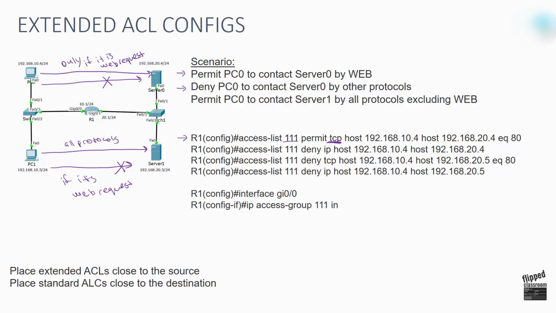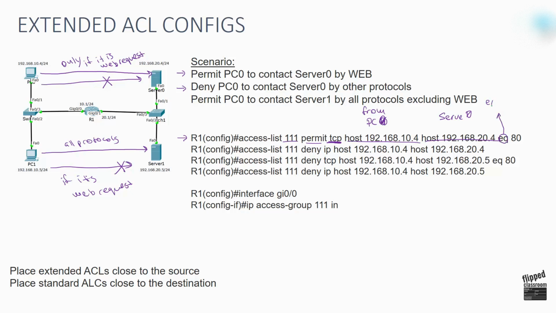So we are saying access list 111 permit TCP communication from computer PC0, sorry, to computer server 0. And here we have different variants of what we can write.